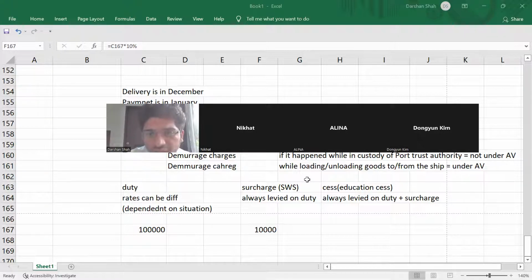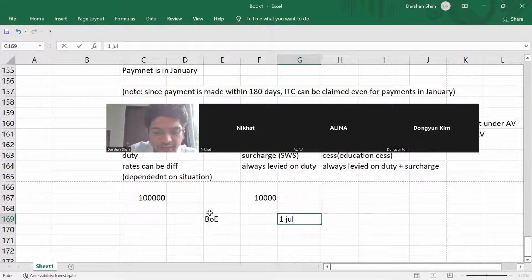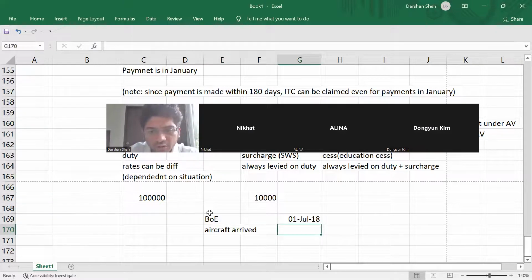Now pay attention. Let us say in this question the bill of entry was on 1st July 2018, and then the aircraft arrived on 4th August 2018.